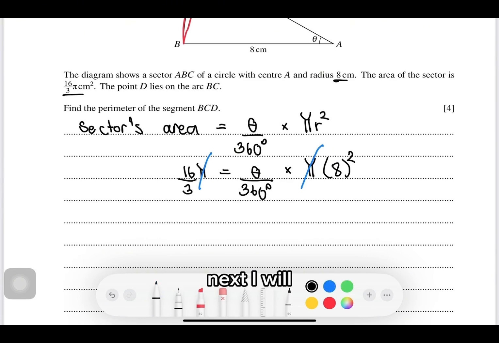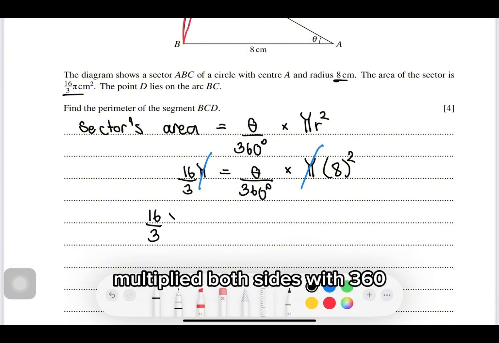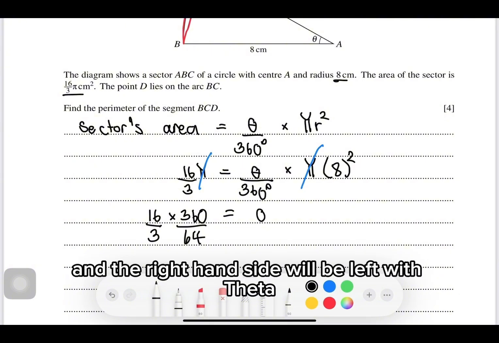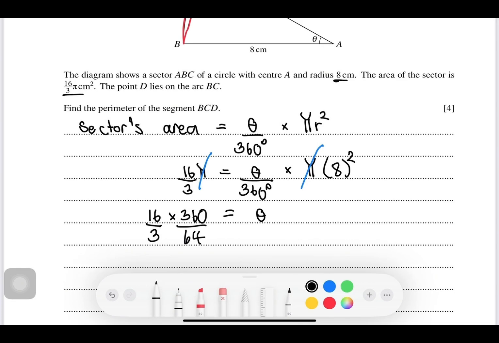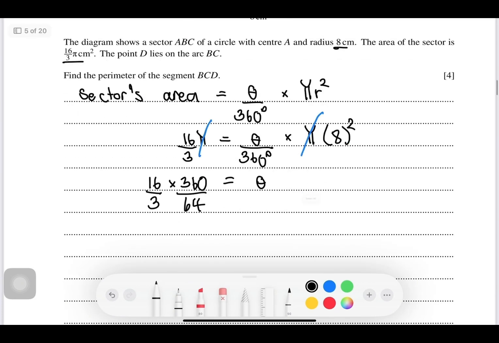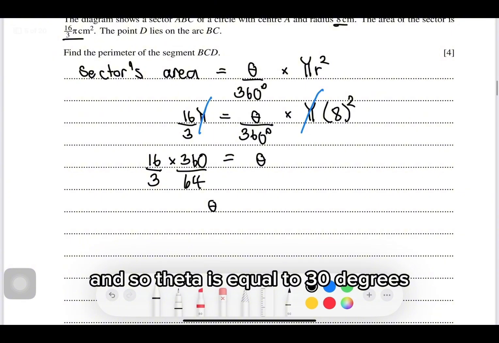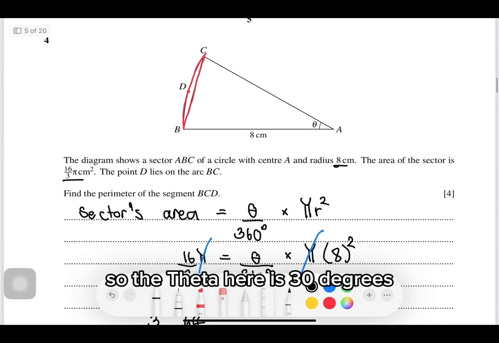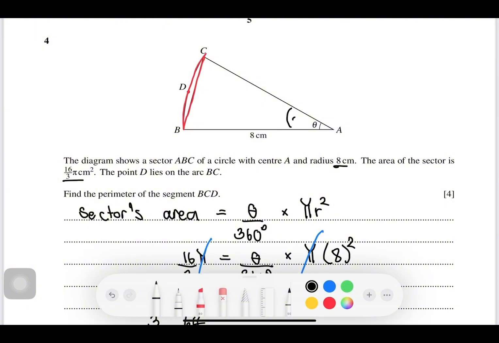Next, I will multiply both sides by 360 over 64, and the right-hand side will be left with theta. And so theta is equal to 30 degrees. We're getting there. So the theta here is 30 degrees.